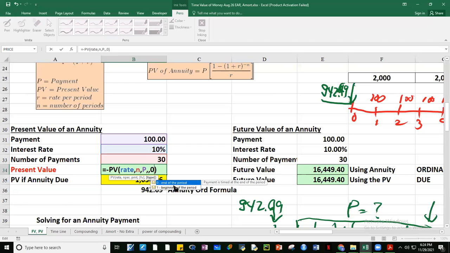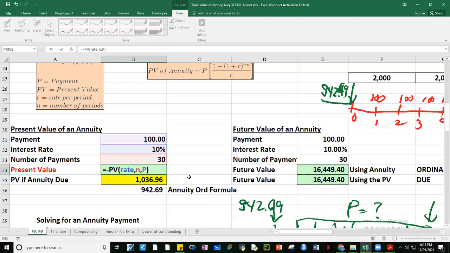So if I type here 0, ibig sabihin nun, guys, annuity ordinary. So we're correct here kasi wala naman sinabi kung anong klase annuity. So we assume that it's annuity ordinary, or you just ignore. Ignore natin yung dalawa kasi 0 naman yung future value, 0 din yung type ng annuity.